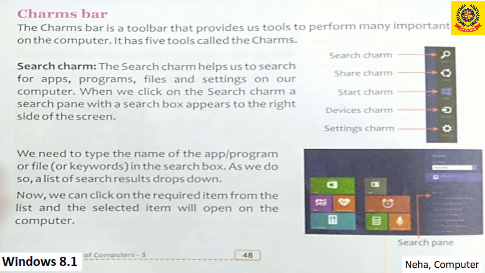There in the search box, we can write the name of the application or the program or any file, any keyword, as we do when we have to search. Now, when we search that particular file, a drop down appears. We can click that file and that particular file gets opened.